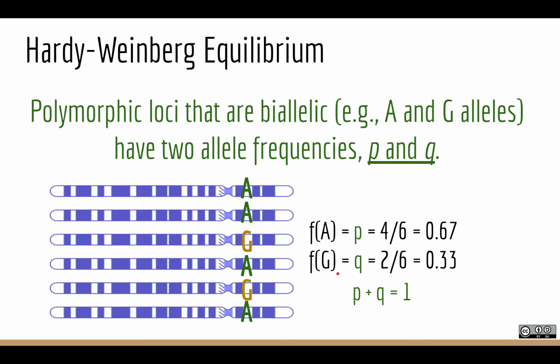We could measure it directly, or we could infer it. If we know the frequency of one allele and there are only 2, it's just 1 minus the frequency of the first allele. The assumption is that P and Q add up to 1, as they do in this case. So P and Q just represent how many chromosomes have one allele versus how many have the other at a particular site in the genome.